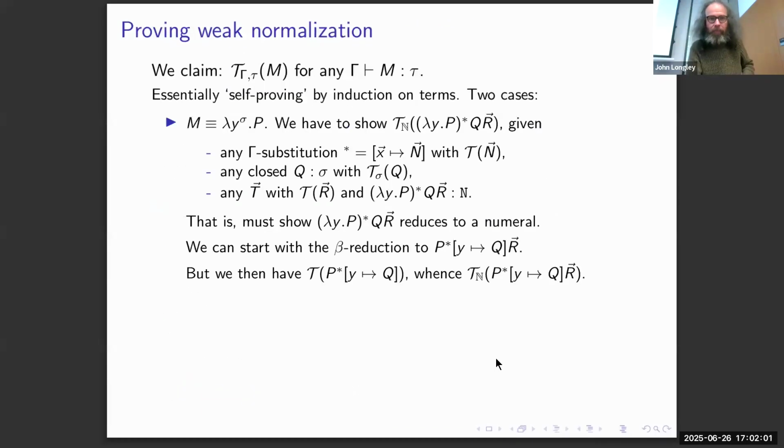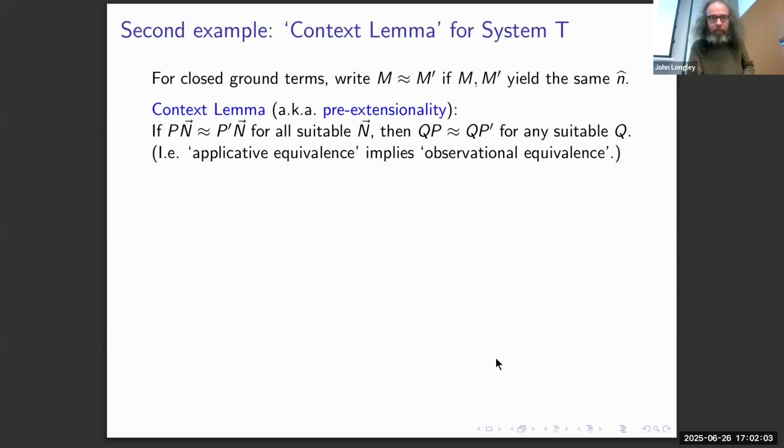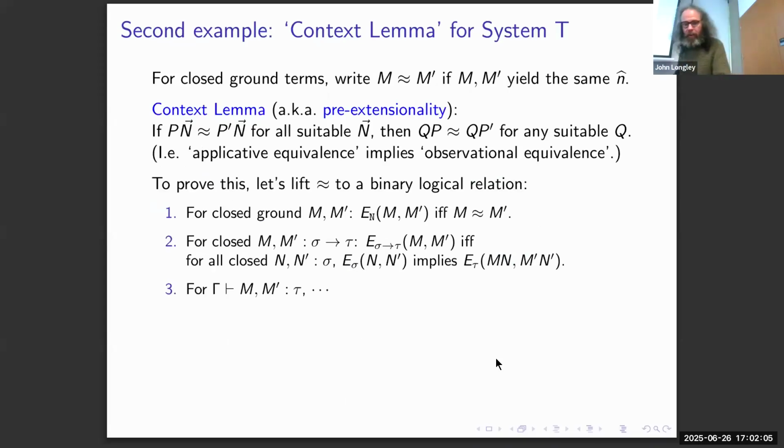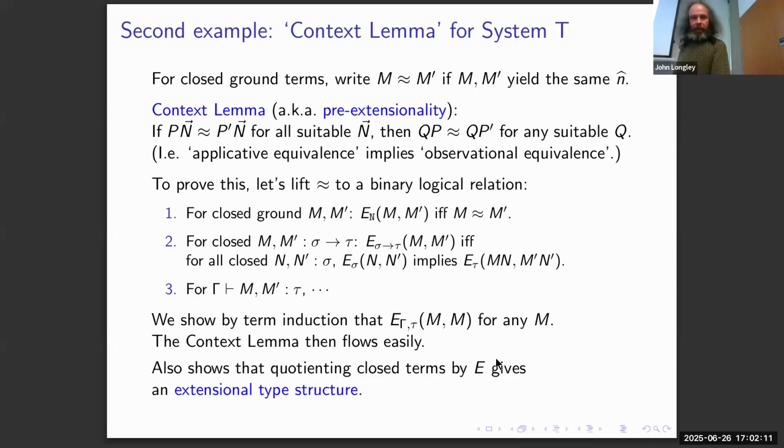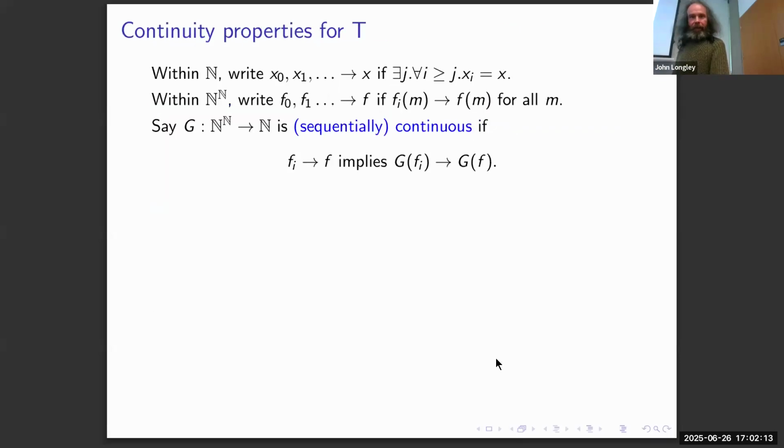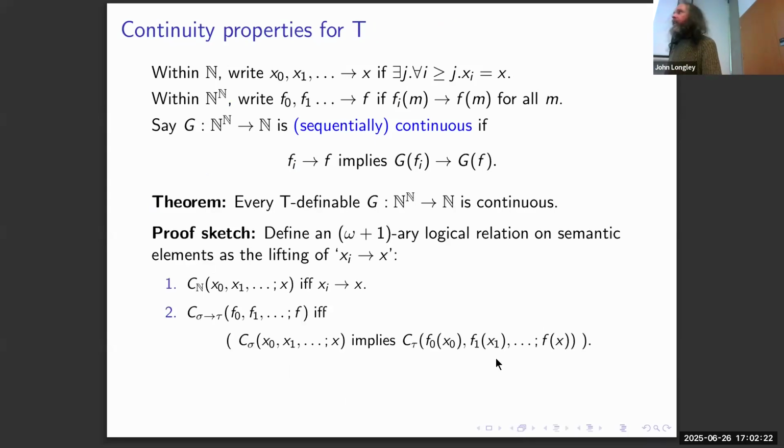So what's coming up? There's another easy application of logical relations to prove a context lemma. Then we look at continuity, which shows that every second order function definable in system T is continuous. And that's a nice logical relations proof of that.